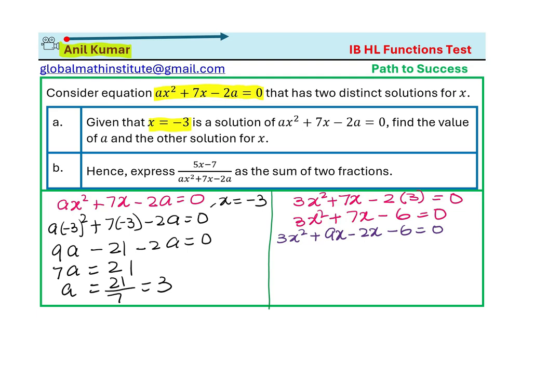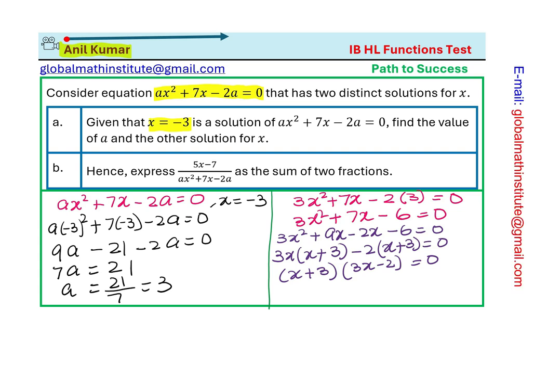From the first two terms, we can take 3x as a common factor. So we get x plus 3. And here minus 2 is the common factor. And x plus 3, as you can see, can be factored out with 3x minus 2. Well, x plus 3 was the expected factor since we have been given the root.